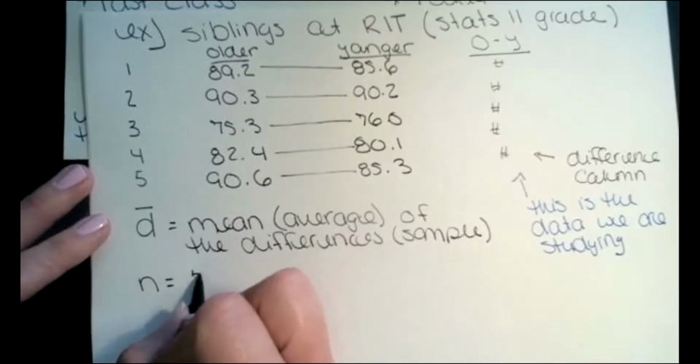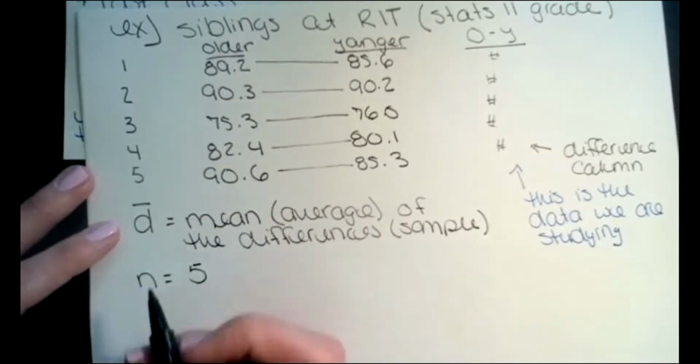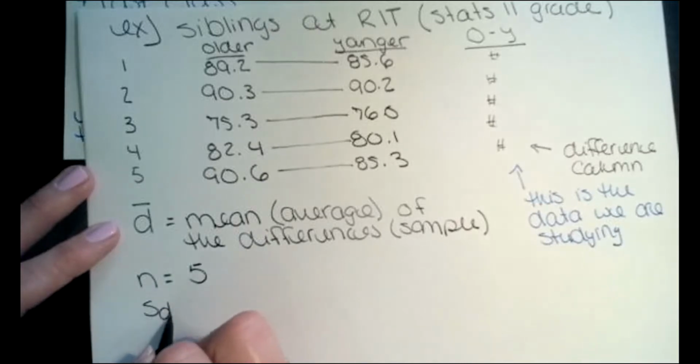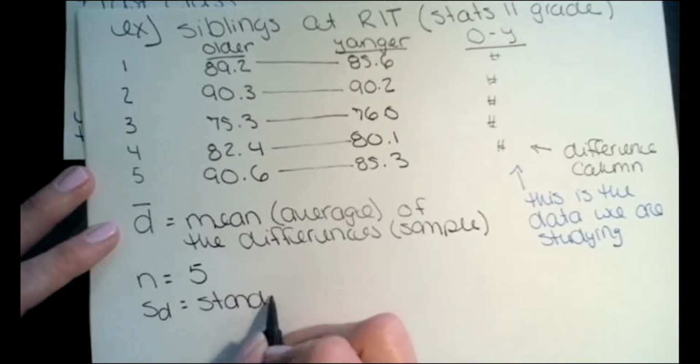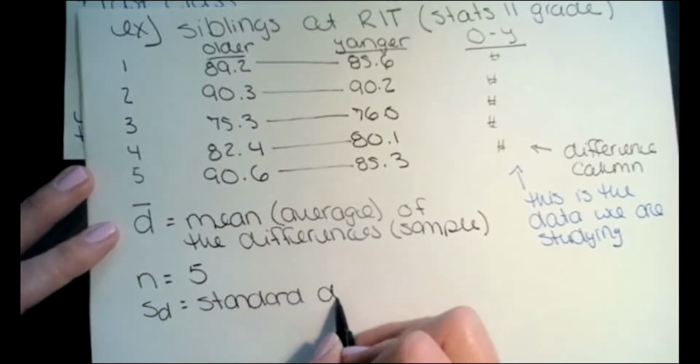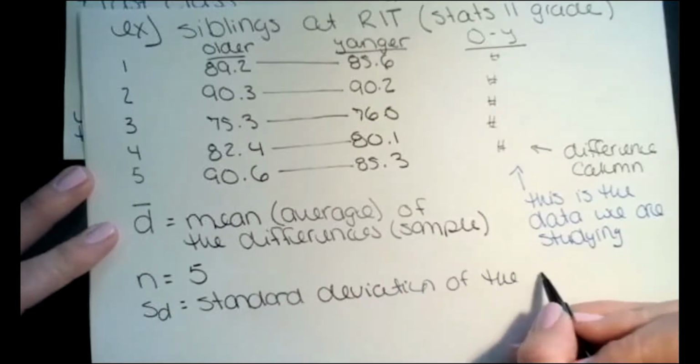And here's still my sample size. And remember, the sample size is the same, so it's just 5. And then I have SD, and SD is the standard deviation of the differences.